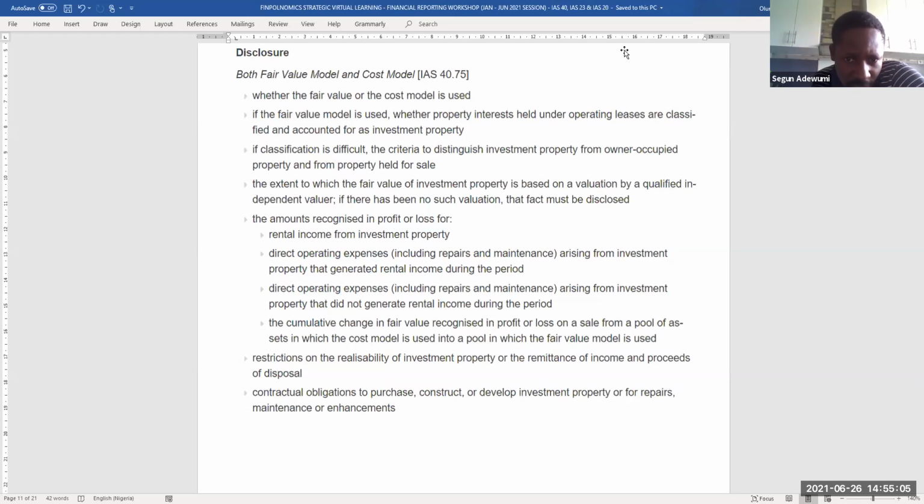If there has been no such valuation, the fact must be disclosed.